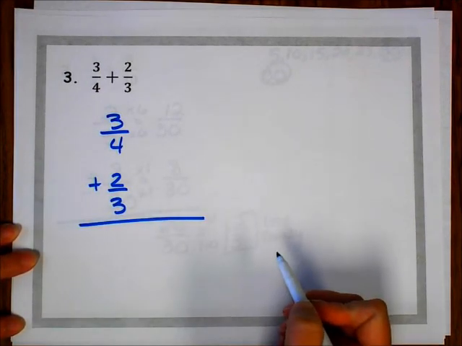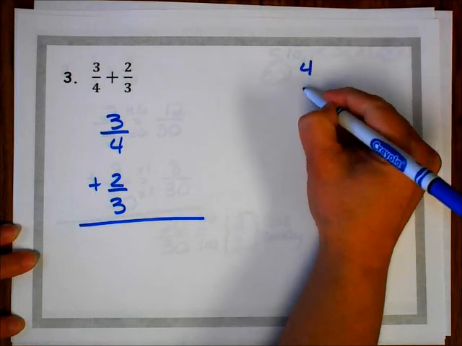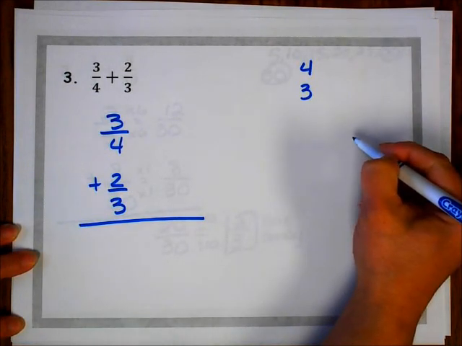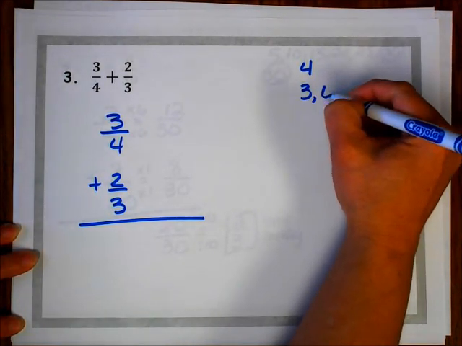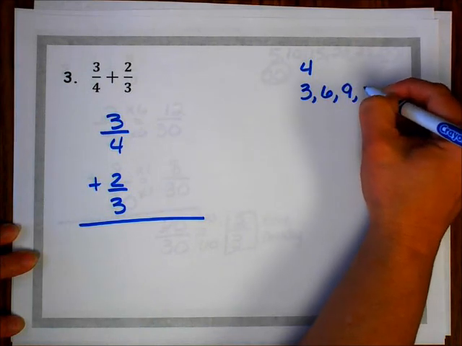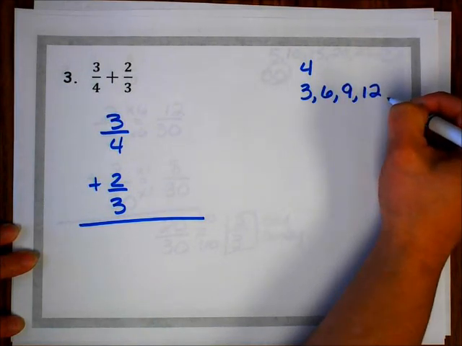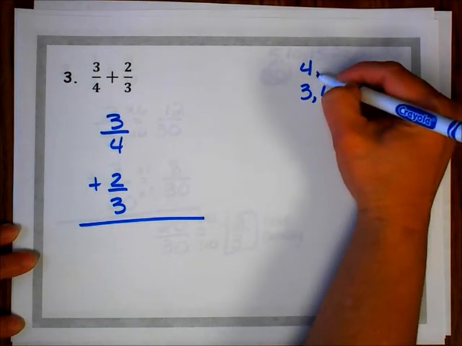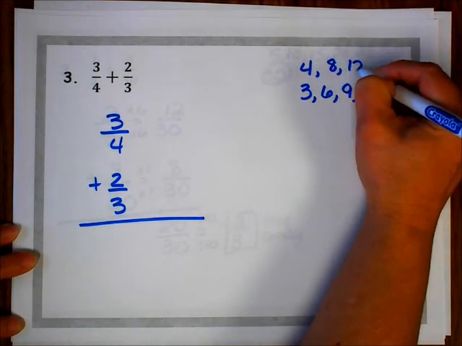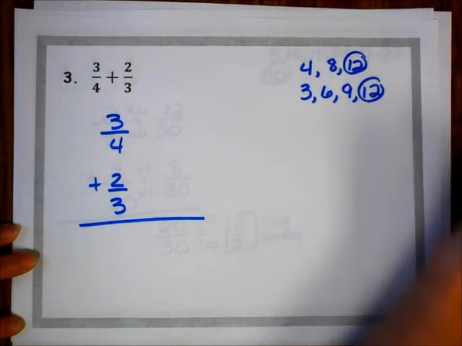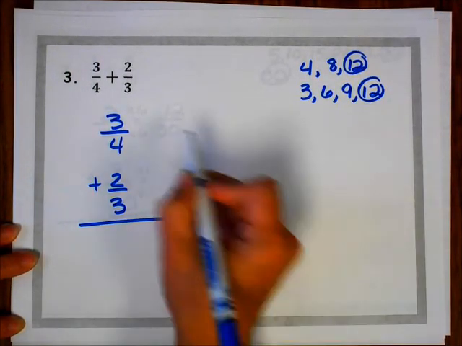The first thing you had to do was find a common denominator. So I'm going to count by 4s and count by 3s. 3, 6, 9, 12. I know that if I count by 4s, I will get to 12, so I'm going to stop. 4, 8, 12. So my lowest common denominator is 12.